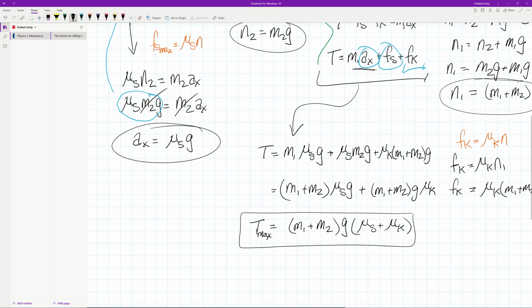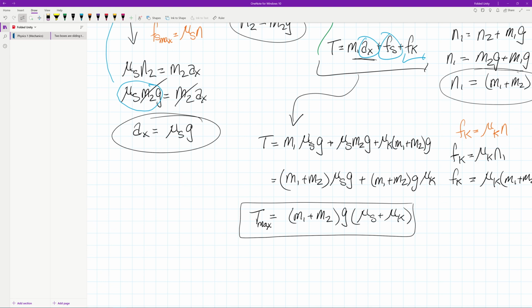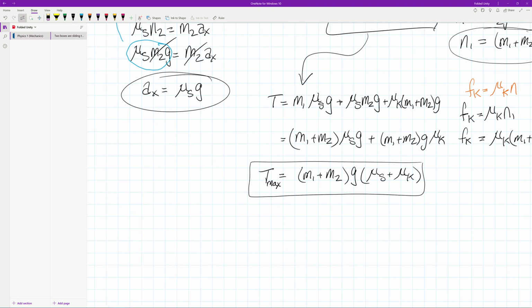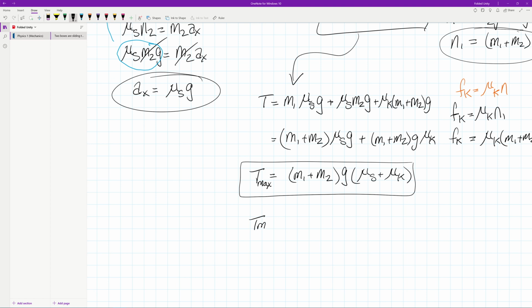And to get our actual answer, numerically, we would just plug in the values that came along with the problem. Well, the two masses were 20 kilograms and 5 kilograms. So numerically, our answer would be 25 kilograms times 9.8 meters per second squared.